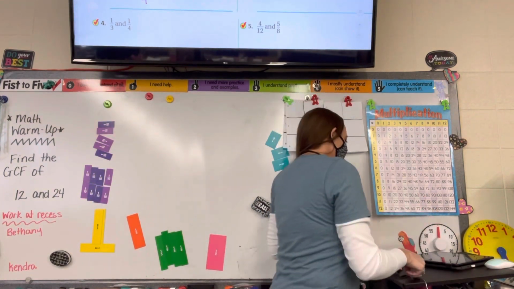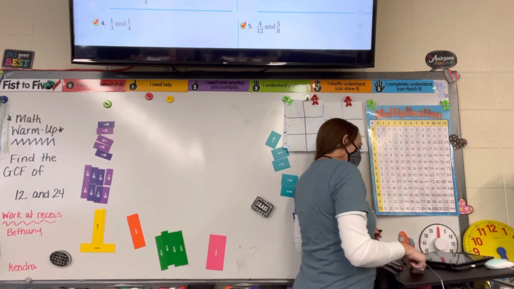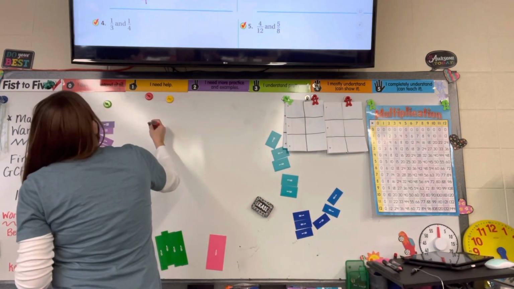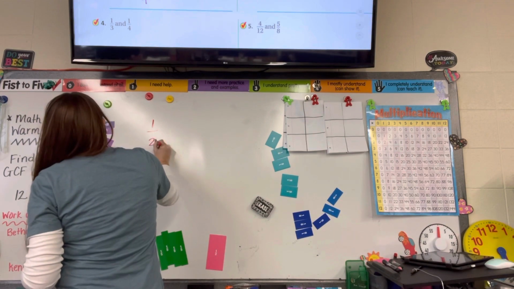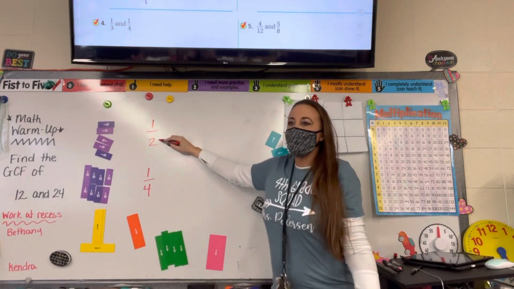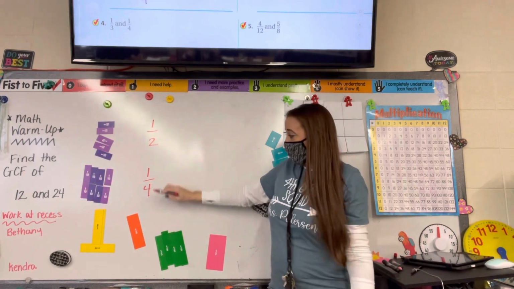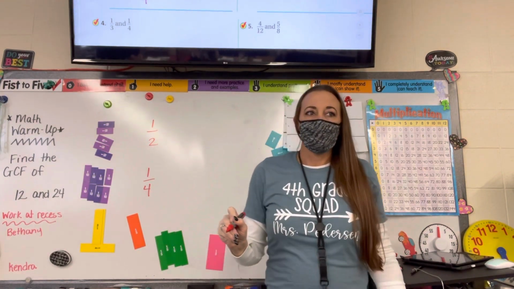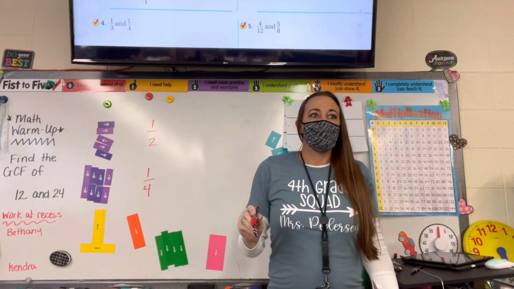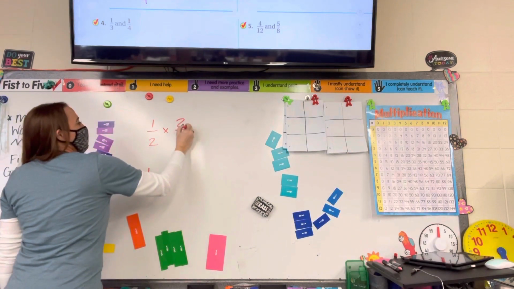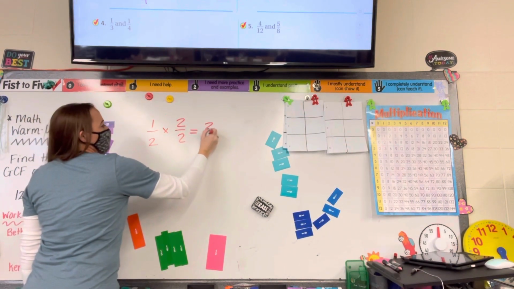There's two different ways to do this. So I'm going to do one on here and say, is there something that we can do to this 2 to get it to be a 4? Landon? 2 times 2. We can multiply it by 2, and if we do that to the bottom, we do it to the top.